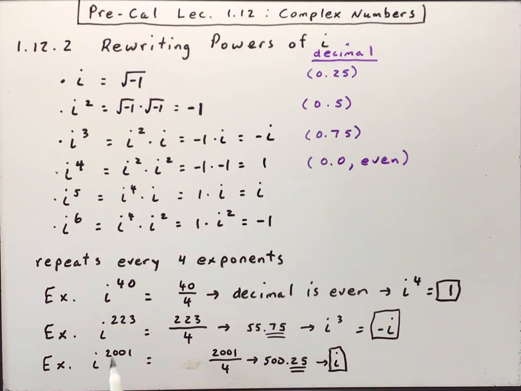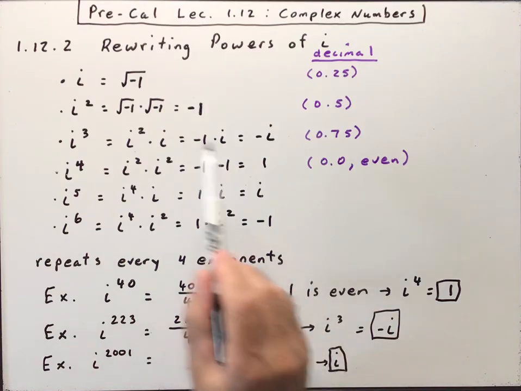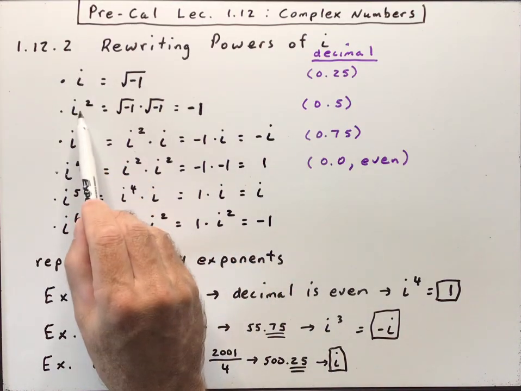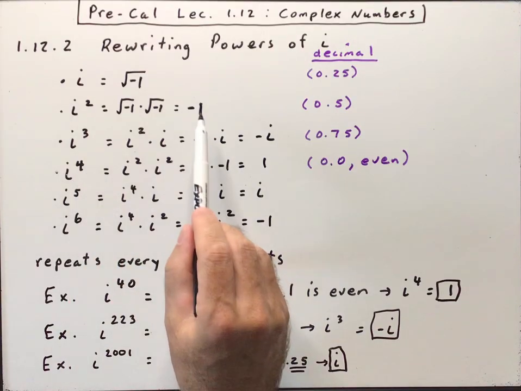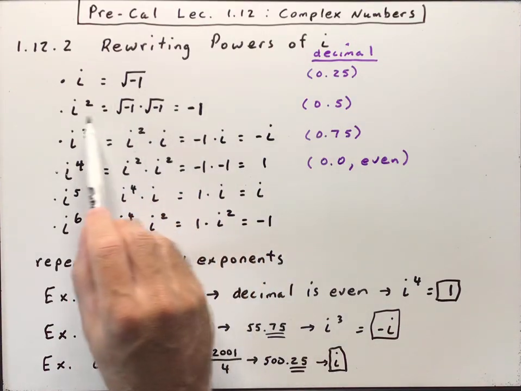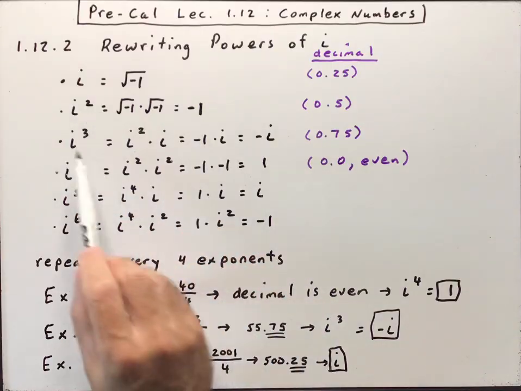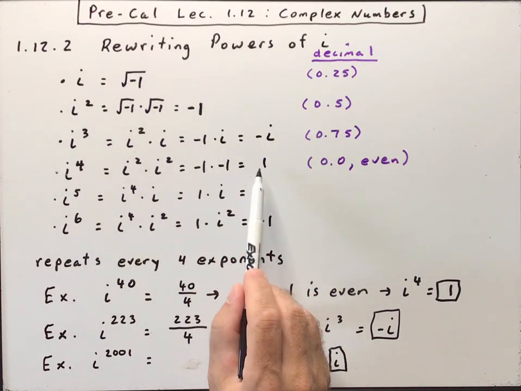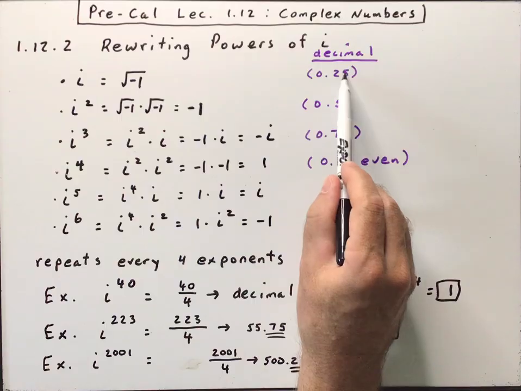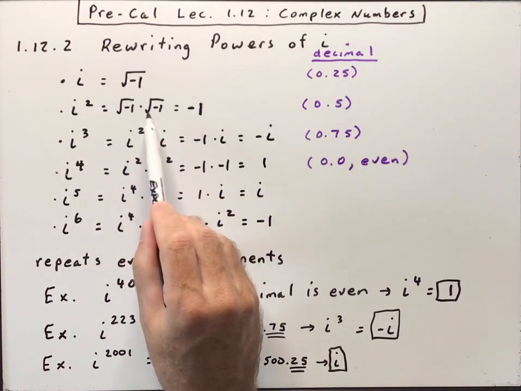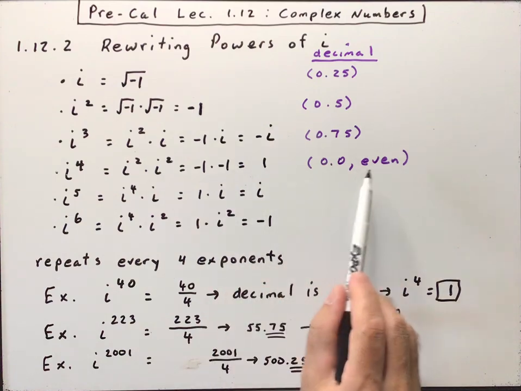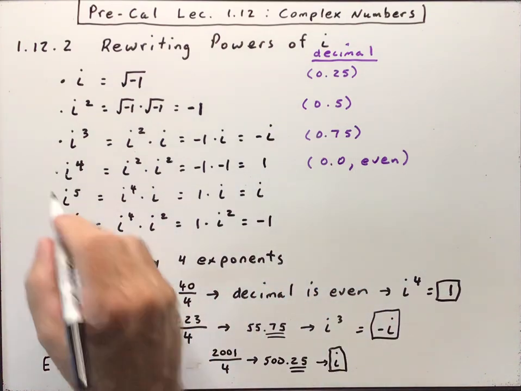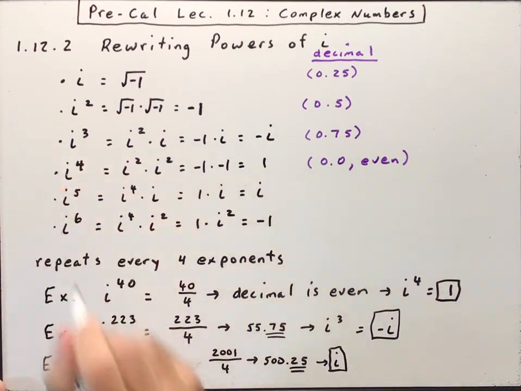So that's your shortcut, so you're not having to go through the cycle in your head again and again. Just memorize what i squared, i cubed, and i to the 4th are. i is just i, i squared is negative 1, i cubed is negative i, i to the 4th is 1. And then memorize that we start at 0.25, then 0.5, then 0.75, and then even. You'd get an even number if it's i to the 4th when you divide the exponent by 4.